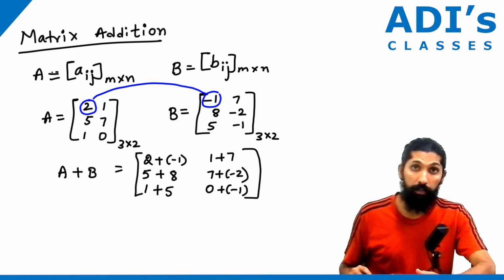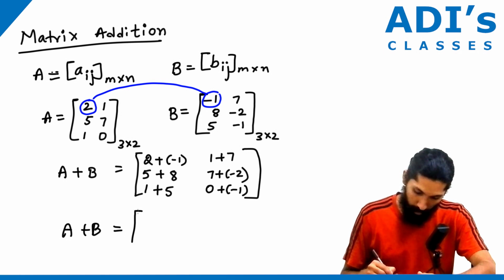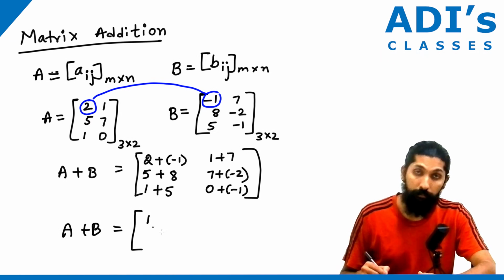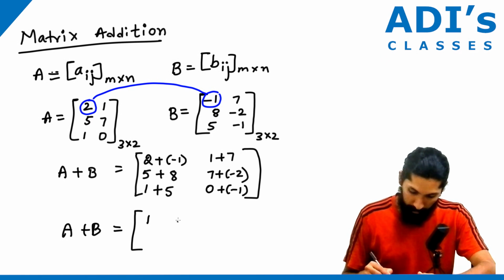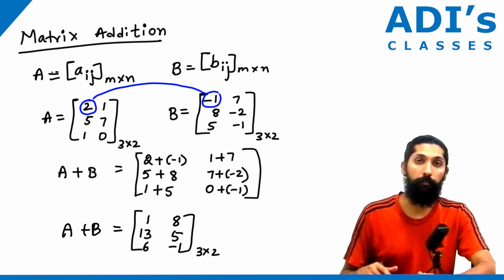This is going to be the matrix. Now simplify it. So A plus B is equal to [2 - 1 = 1, 1 + 7 = 8; 13, 5; 6, -1]. This is also of the order 3 cross 2.